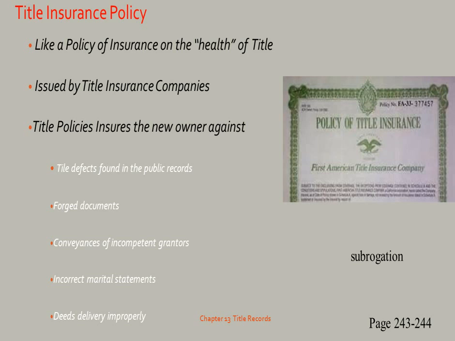By subrogation, it basically means they can stand in the buyer's shoes now, take on the rights that he would have to sue the person that created the defect, and then hopefully reimburse themselves money from the person that caused the title insurance company their loss that they have now paid or reimbursed the new buyer for.